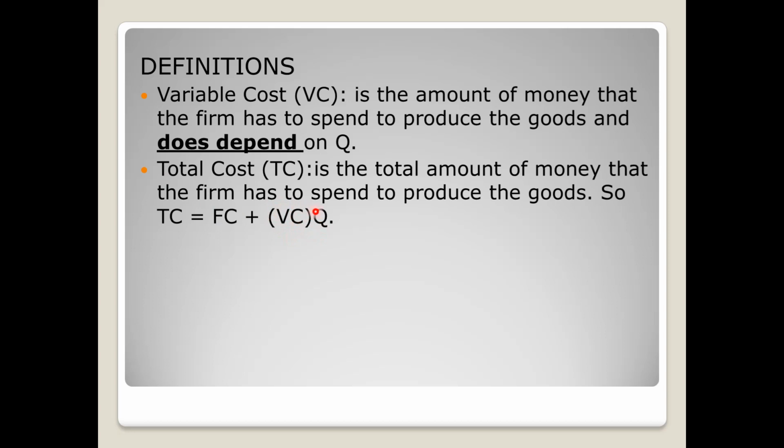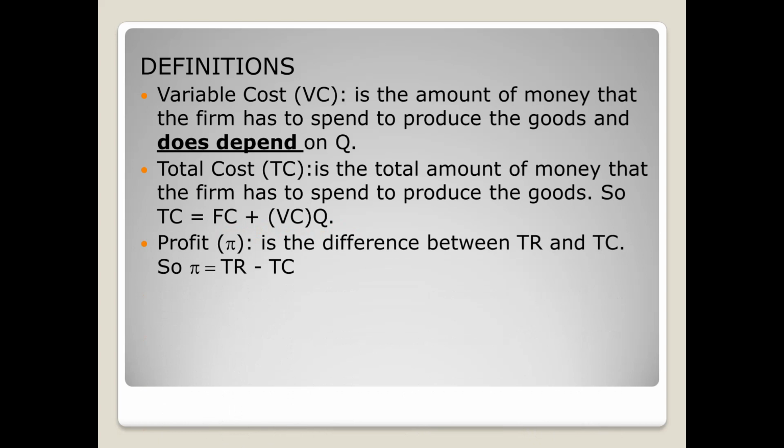So if we multiply by the number of units, Q, we will get the total variable cost. So this is the fixed cost, FC, and this is the total variable cost, which is VC multiplied by Q. The addition of these two types of cost will give us the total cost.